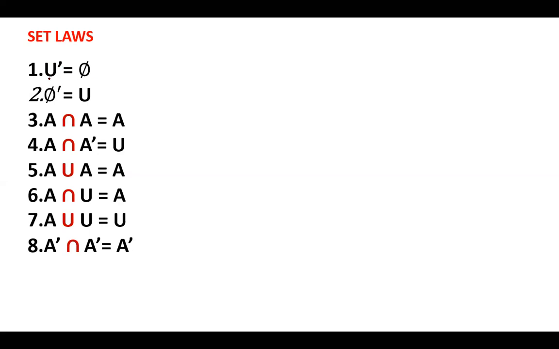When you have the universal set, the complement of the universal set is an empty set. How is that possible? Imagine you are in a room, and I want you to list the number of people that are not in the room.